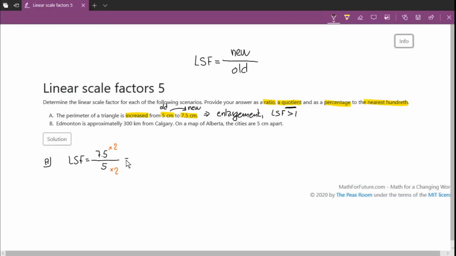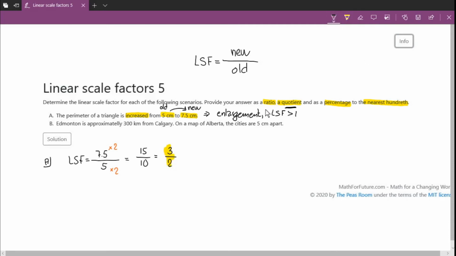If we do that, 7.5 times 2 is 15. 5 times 2 is 10. Then we can divide numerator and denominator by 5. So 15 divided by 5 is 3. 10 divided by 5 is 2. So this is our linear scale factor as a quotient.